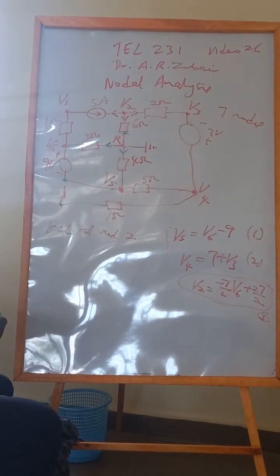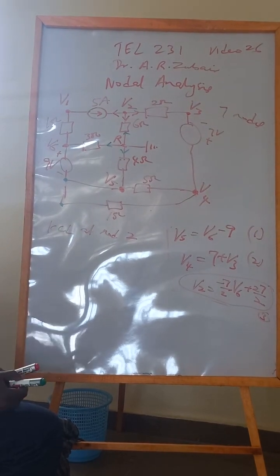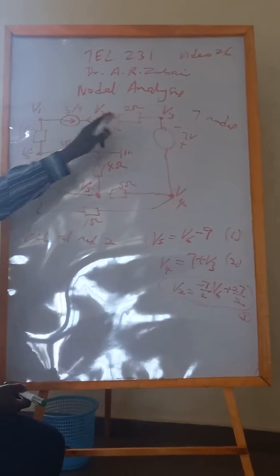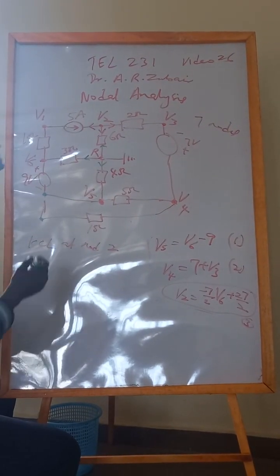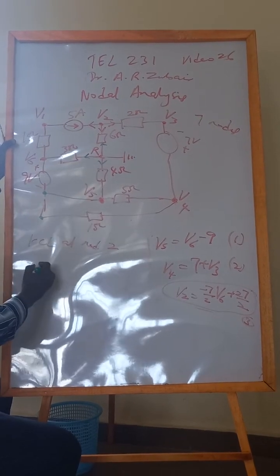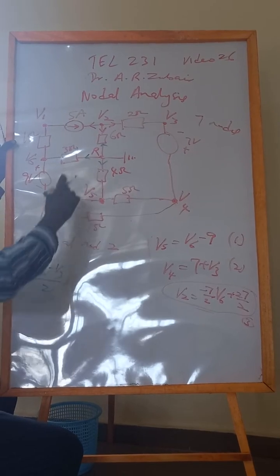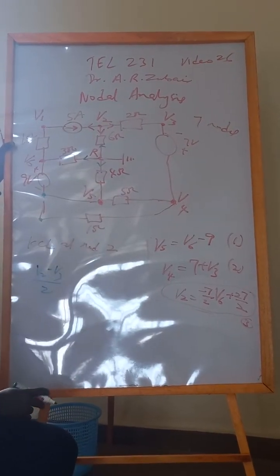So when we add the 3 currents together, it will give me 0. For this current, we can take it as V2 minus V3 over 2. It is node 2 that is forcing current against node 3.